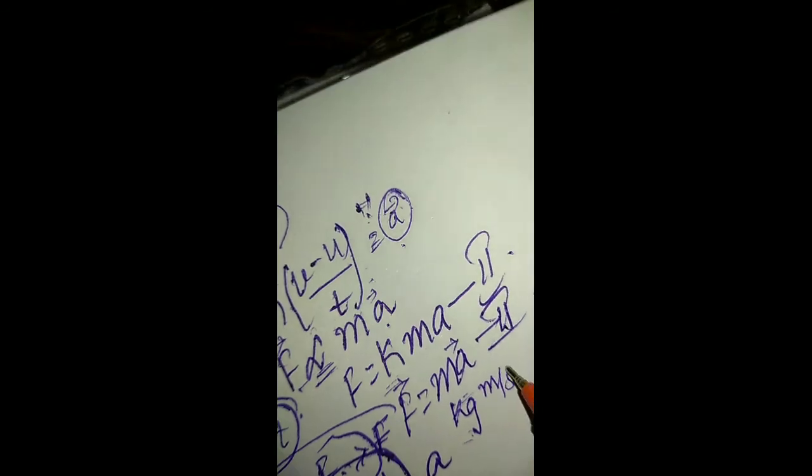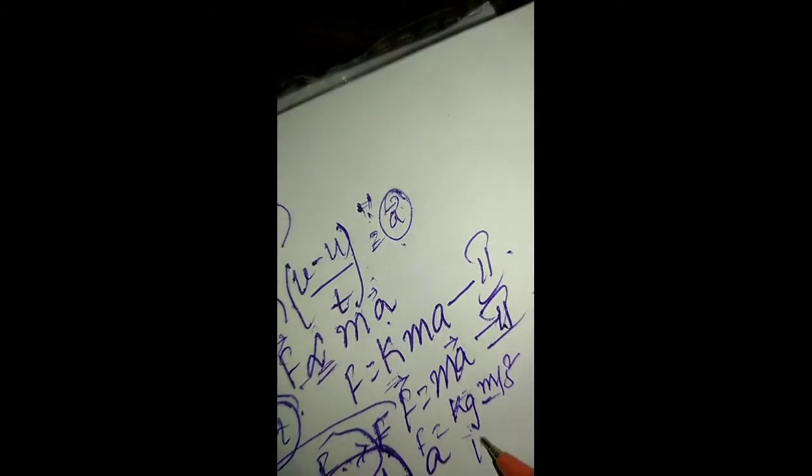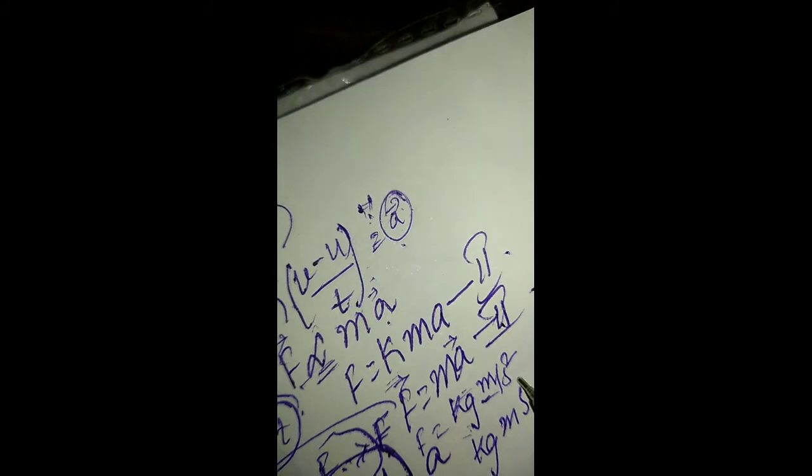Now coming to the units of force, since the SI unit of mass is kg and acceleration is meter per second square, force is equals to kg meter per second square, that is kg meter seconds inverse square.